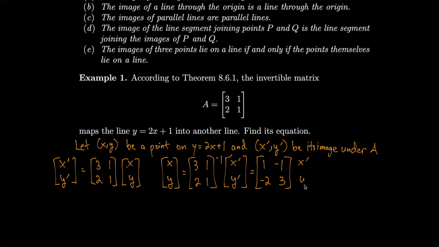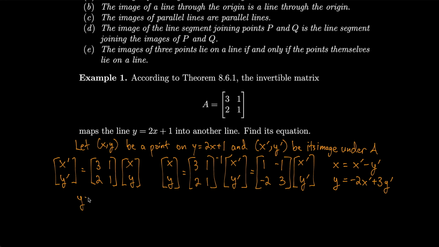And that multiplies (x', y'). So x is equal to x' minus y', and y is equal to minus 2x' plus 3y'.